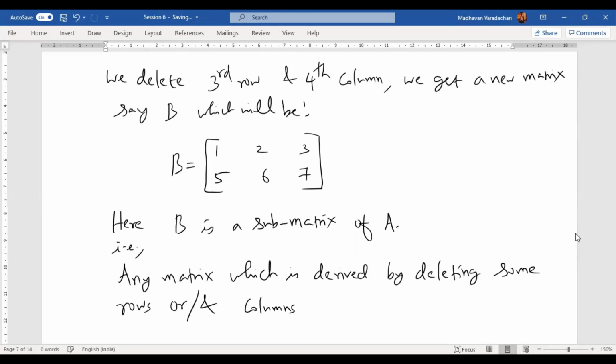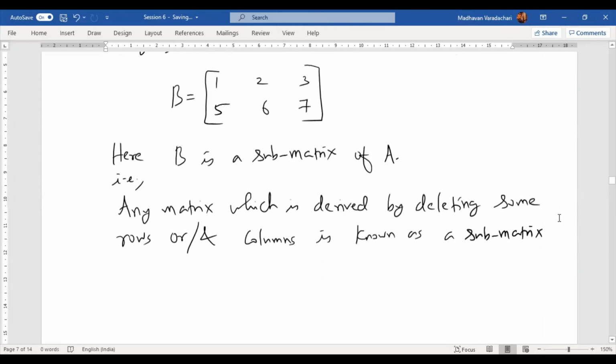Either you delete rows or columns or both. Any matrix derived by deleting some rows or columns is known as a submatrix of the original matrix.